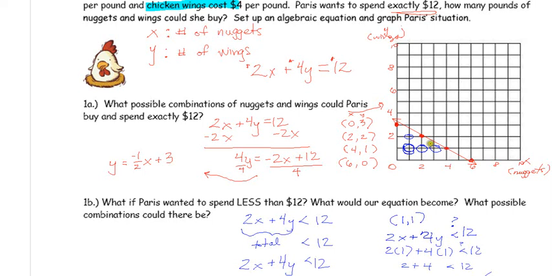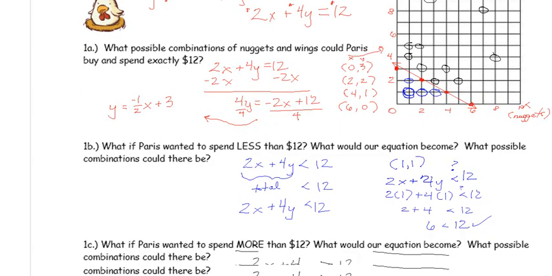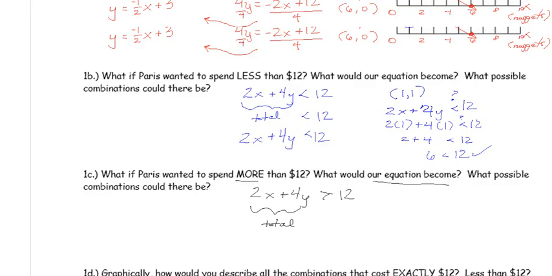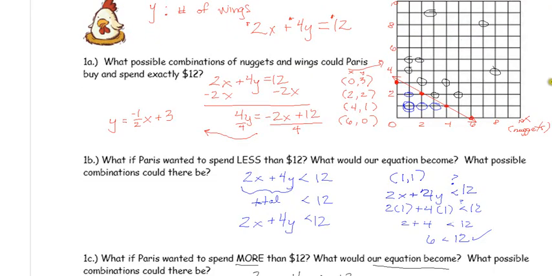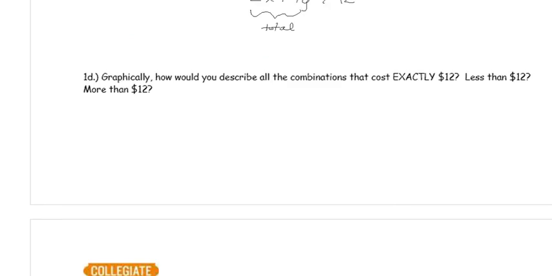Now she wants to spend more than $12, I could look at all of the possibilities up here, even including this one here, that are above the line. So any of these points up here, all of them, are going to give me a total greater than $12. Any of these above the line are possible.